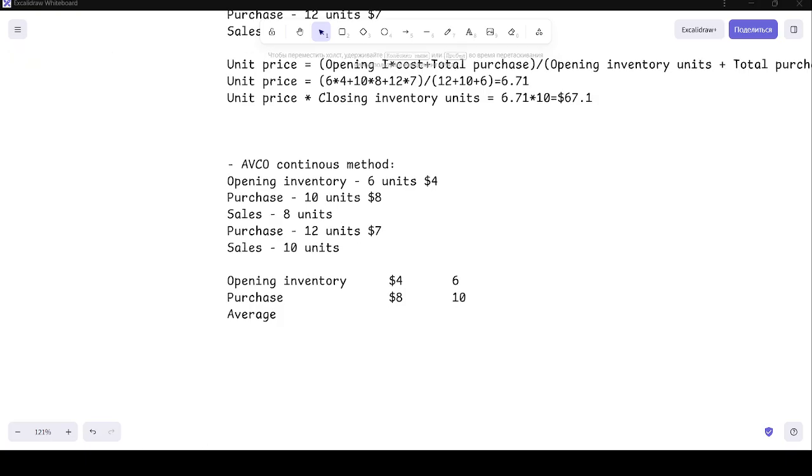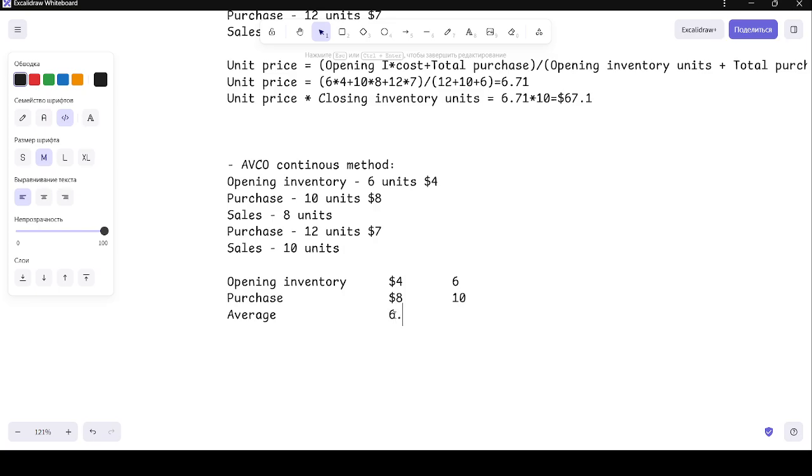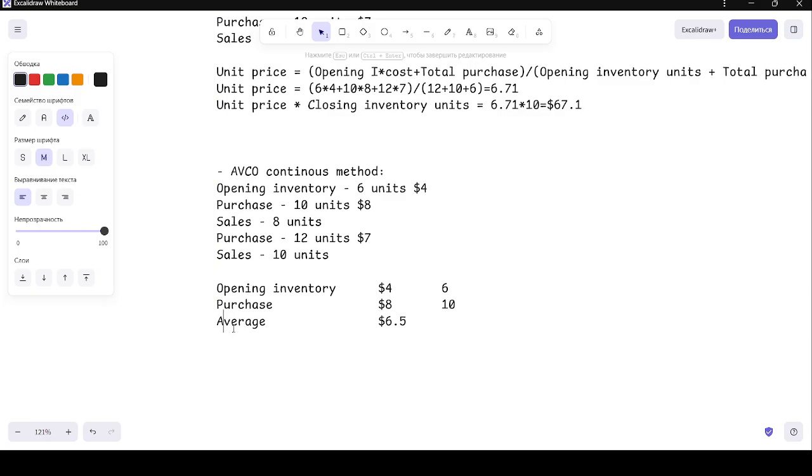In this case, our average cost will be 24 plus 80 divided by 16, $6.5. Yes, this is a rule. You have to find the average cost after total purchase. If we had also a purchase here, you will add this purchase also, and after that you will find the average.